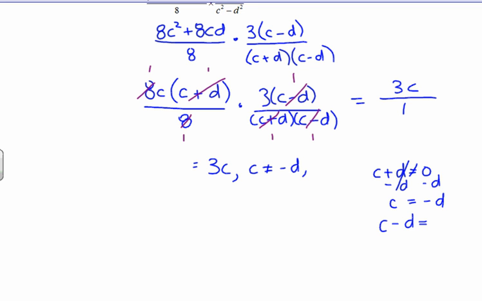So getting c by itself, add d to both sides, so c cannot equal d. So we can even say c can't equal plus or minus d. So if it looks weird and we have an NPV, just take that factor and set it equal to 0 and solve. If you're not sure how to deal with it, set it to 0 and solve.